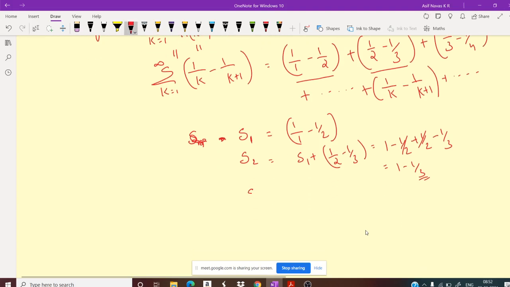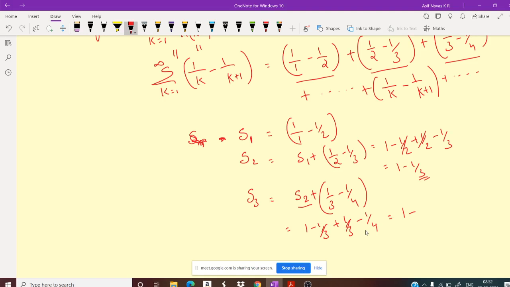Now S3 is equal to S2 plus the third term, 1 by 3 minus 1 by 4. So this is equal to 1 minus 1 by 3 plus 1 by 3 minus 1 by 4, which is equal to 1 minus 1 by 4.